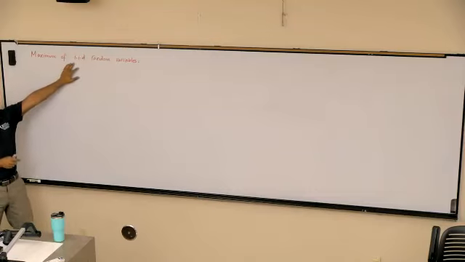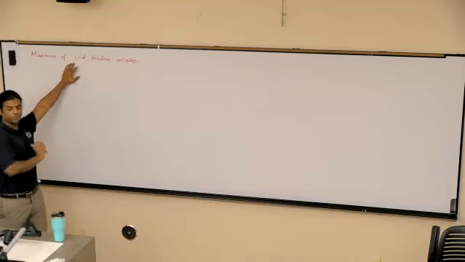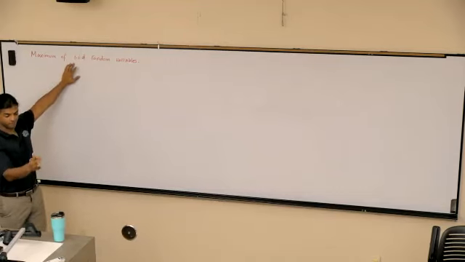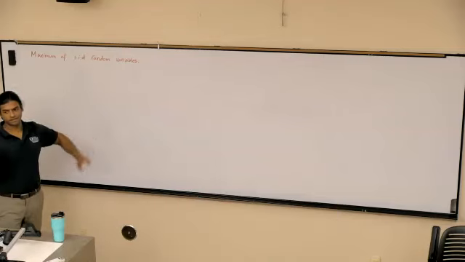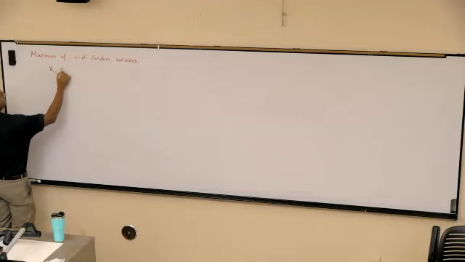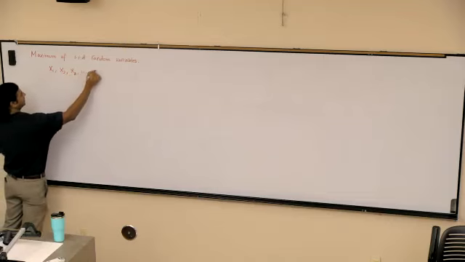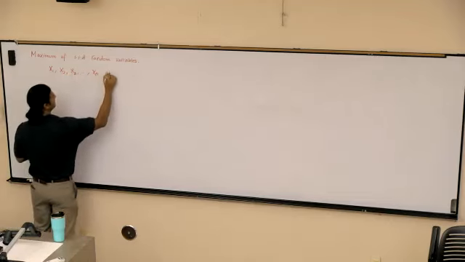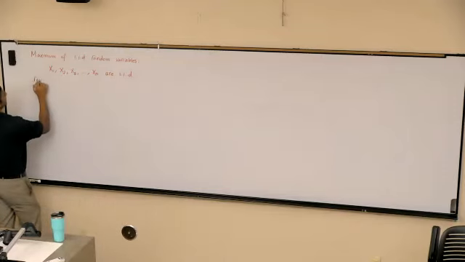Independence needn't be, because I could say maximum of this variable and maximum of a variable related to the first variable, but the process is going to get really complicated. So i.i.d makes things easier. Suppose x1, x2, x3, up to xn are i.i.d random variables.